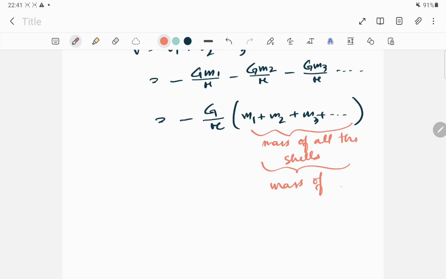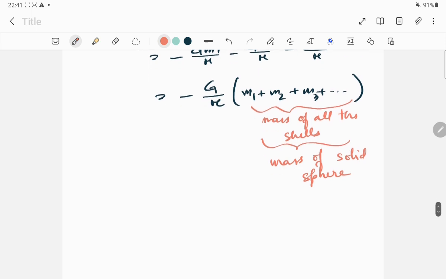So this is the mass of the solid sphere, and we can write it as minus GM by r.